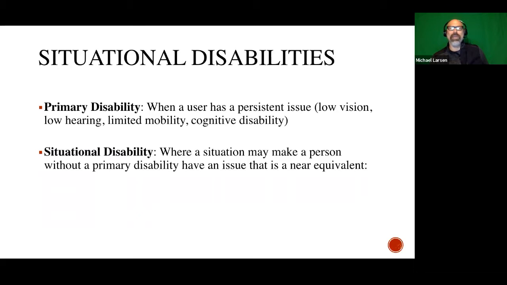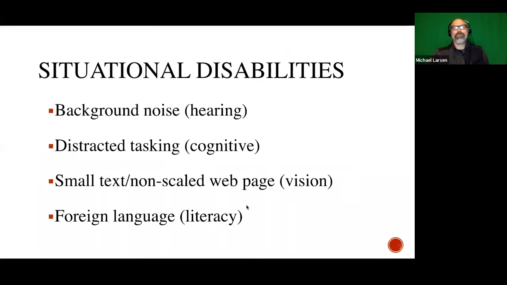They can go away. Primary disabilities don't. So again, some examples of situational disabilities are background noise or hearing, distracted tasking. If you have to deal with a bunch of situations at the same time, you can face cognitive overload. So small text on non-scaled web pages inside of a mobile device, great example of vision not helping, especially if you have to struggle to see what's there.